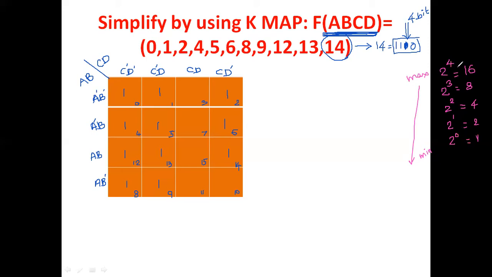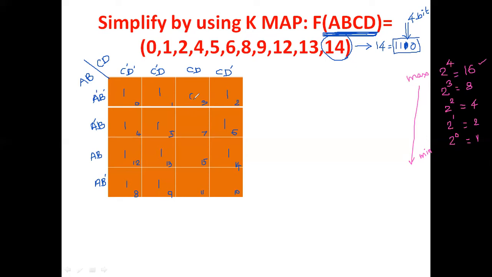Okay, so according to this, first you have to check. That means you start from maximum to minimum. So 2 power 4 means all 16 cells are 1? No, because, one more thing I forgot to fill. Whatever be the numbers given, all those corresponding positions I filled by using number 1.